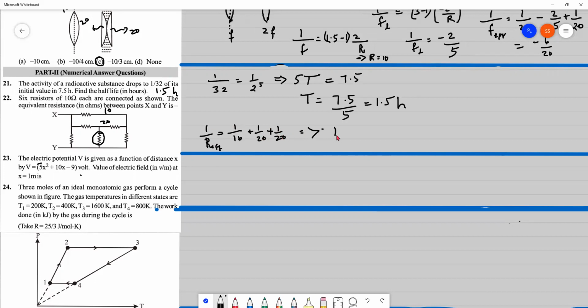So R effective is 5 ohms. The answer is 5 ohms here.